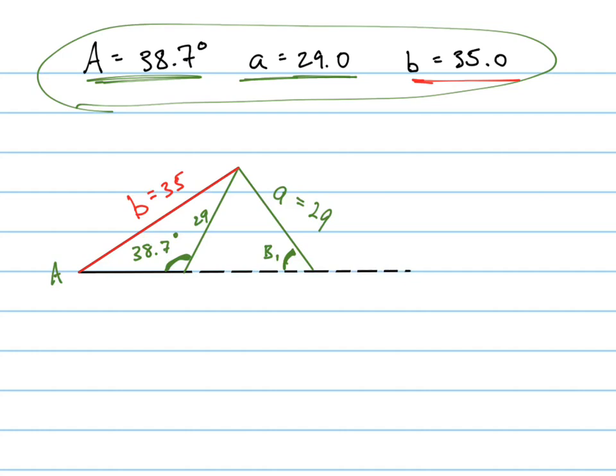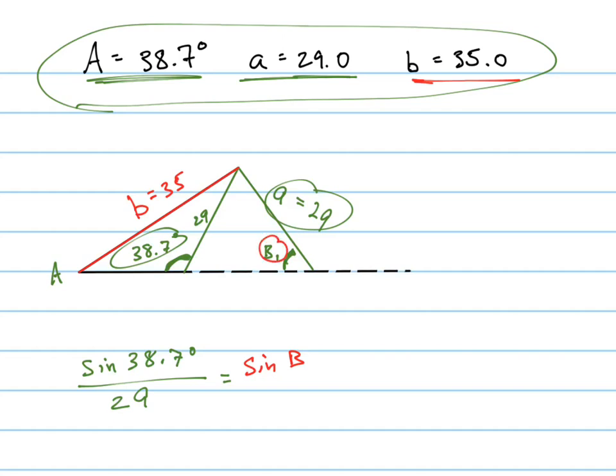So let's just do this one right here. Remember the law of sines. It says the sine of 38.7 degrees over 29, so the sine of that divided by that, is equal to the sine of angle B, which we don't know yet, divided by the side length, which is 35.